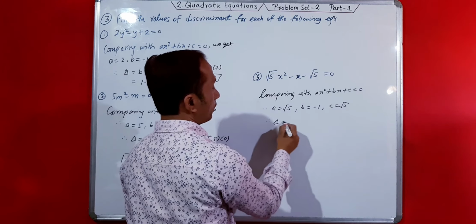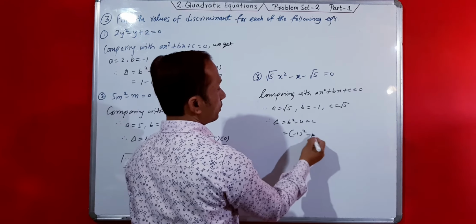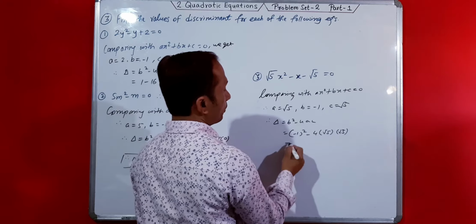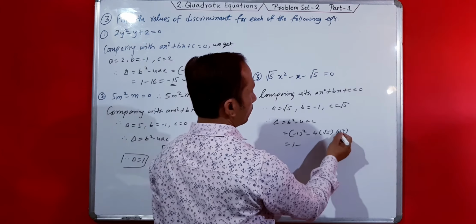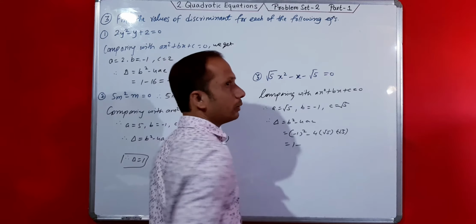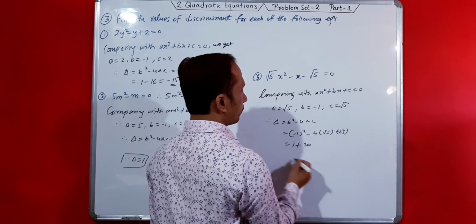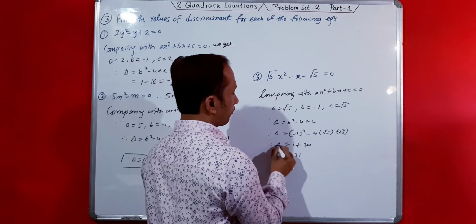Therefore delta is equal to b square minus 4ac, which is minus 1 square minus 4 into root 5 into root 5. So it is 1 minus, sorry, this is minus 4 into 5, which is minus 20, so it is minus 19. Therefore delta is equal to 21.